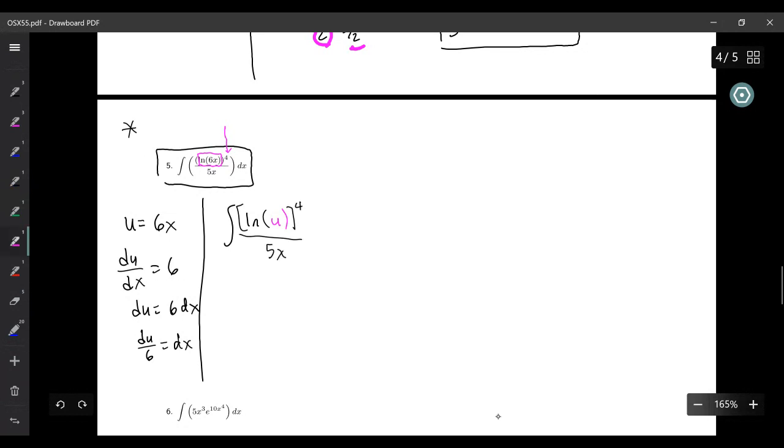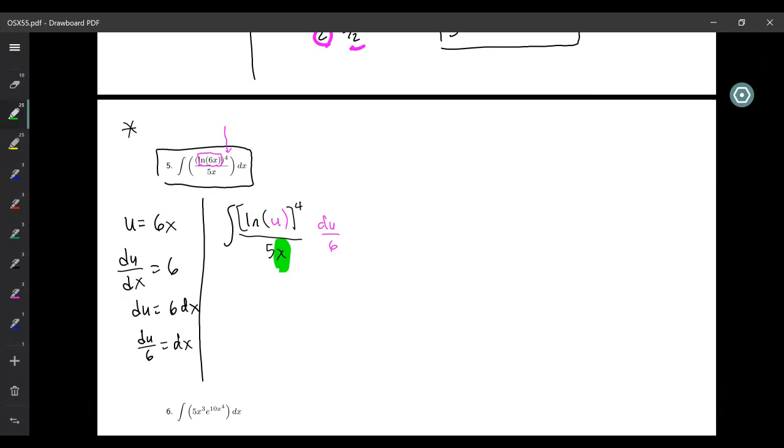And then if I plug in the dx here, you get a du over 6. Notice that even though there's a bunch of u's here, we still have this x right there in the denominator that did not get cleaned off. So if you end up with something like this, what this means is try another u.